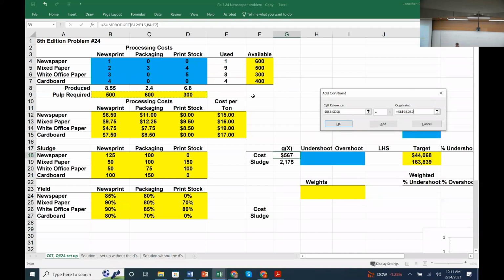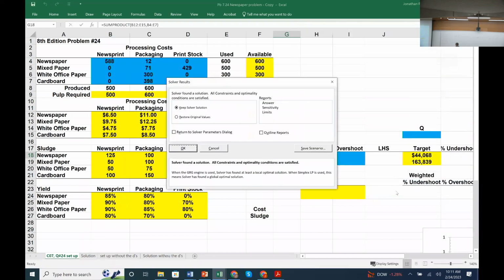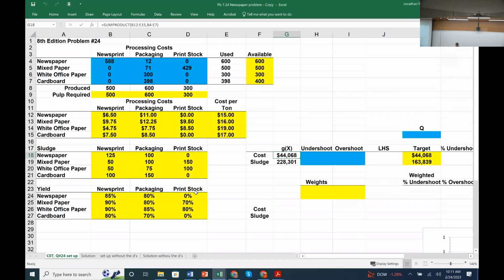I think that's it. Am I forgetting something? Yeah, so I just optimized on that cell G18 alone, paying no attention to sludge, and that turned out to produce this target.